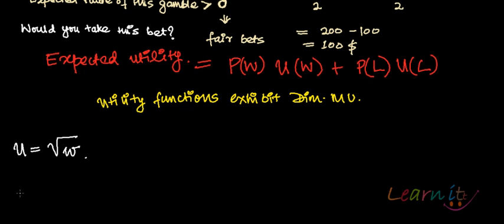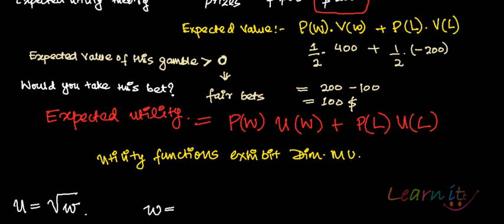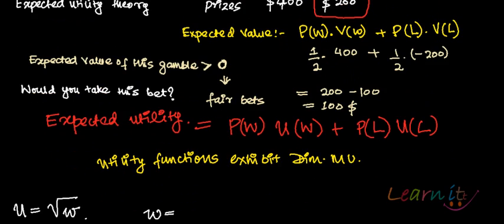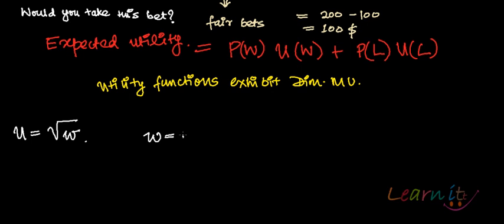You will see this in many books. So u is equal to root of w, and your initial wealth is 200.